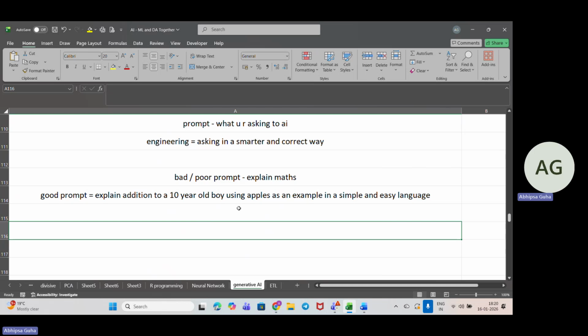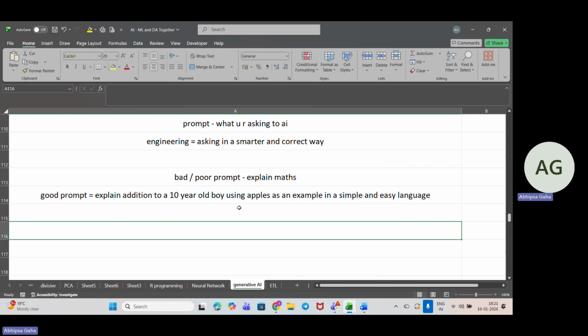Hope you understood, because here in this sentence, "Explain addition to a 10-year-old boy using apples as an example in a simple and easy language," you are clearing what topic the AI should explain, at what level it should explain, what the example type is that you have chosen, and in what style you are asking it to reply, right? So this is exactly what prompt engineering is.